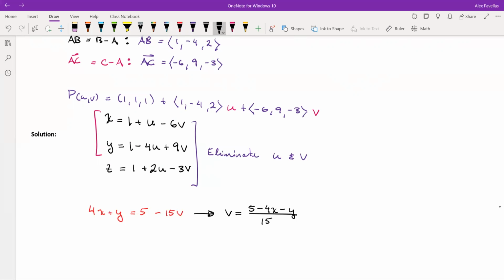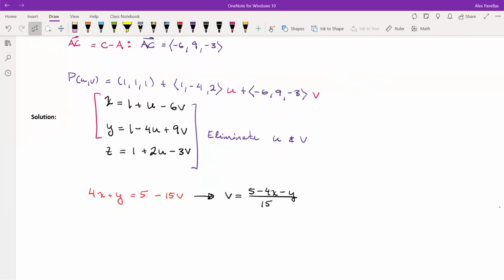Cool. We could do a similar thing to eliminate the v. Here we've got a minus 6v and a plus 9v, so the lowest common multiple would be 18. If I do 3x plus 2y, that'll get rid of the v's. So what's that going to give us? 3 times 1 plus 2 times 1, that's 5.